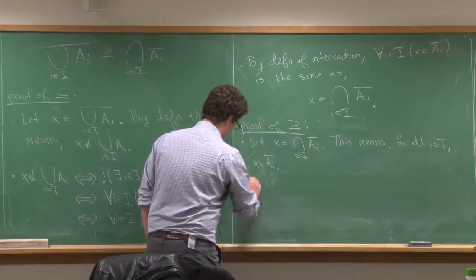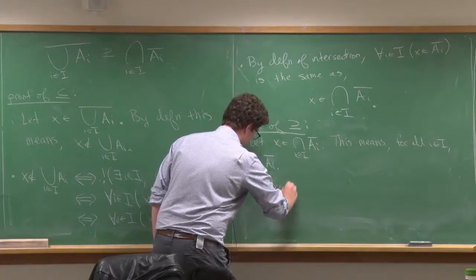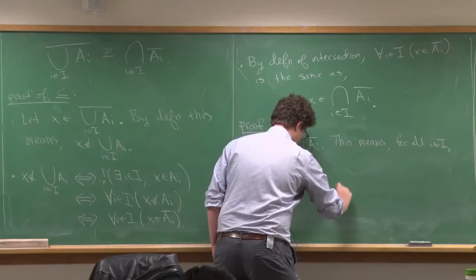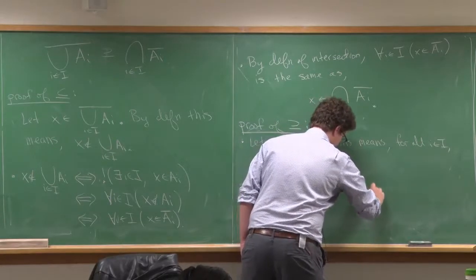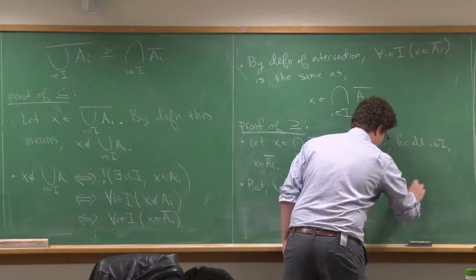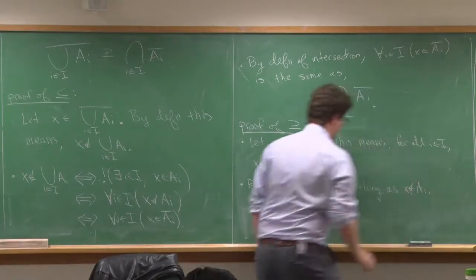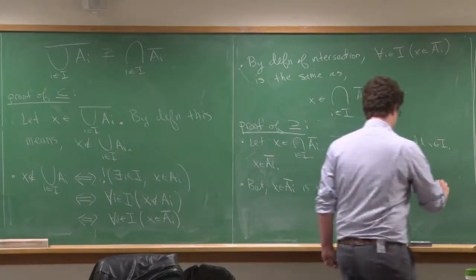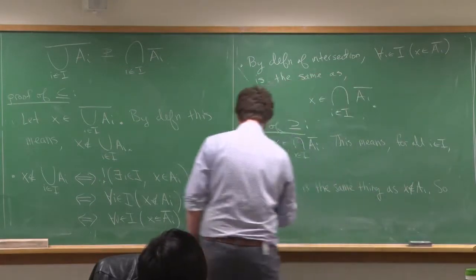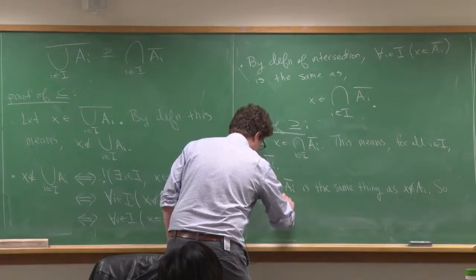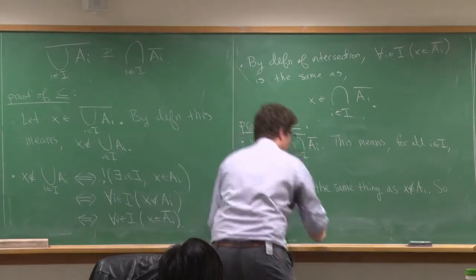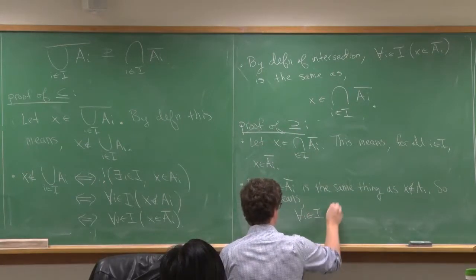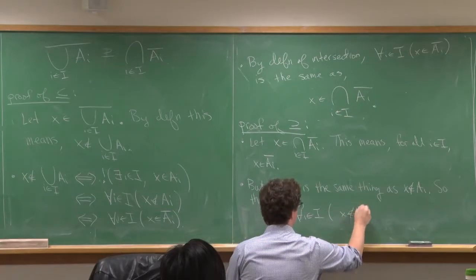But x is an element of A_i bar is the same thing as x is not an element of A_i. So let's say for all i in I, x is not an element of A_i.